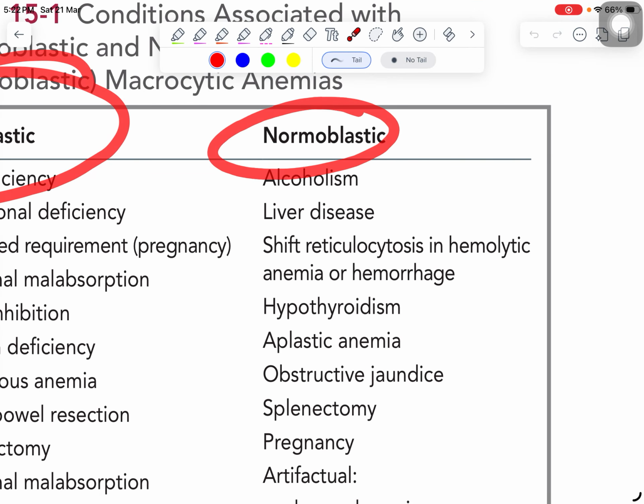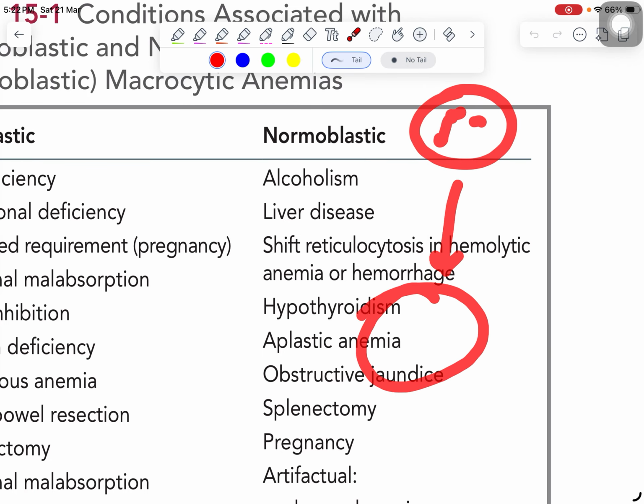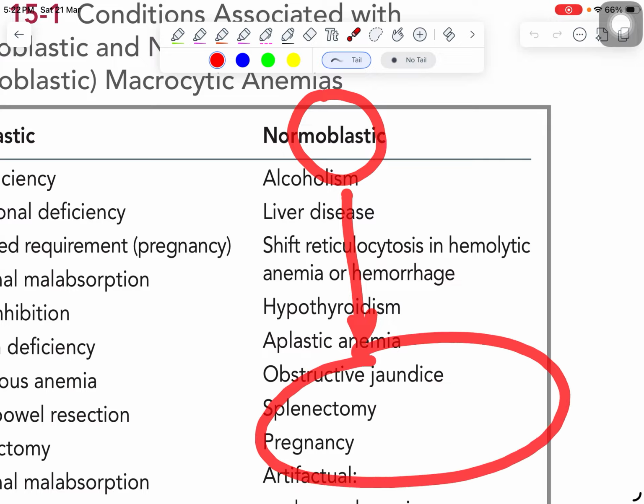Normoblastic macrocytic anemia: that means the cell, the erythroblast, is a normoblast, and then it gives rise to the macrocyte. Whenever it is forming a blood cell, it was a normoblast, but when it came into the circulation, it has become bigger. That's how, at least, I can remember.